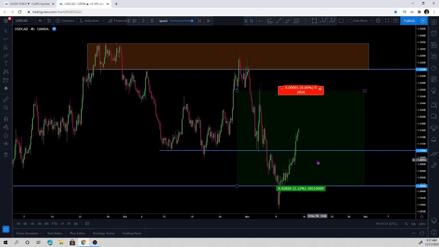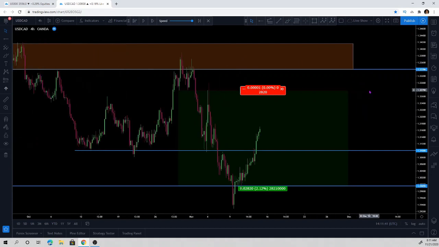When I let winners run is because I am looking at a possible 200, 300 pip winner, right? And this is exactly how to pinpoint support and resistance levels and how to use them in your trading. And that is exactly what we do.